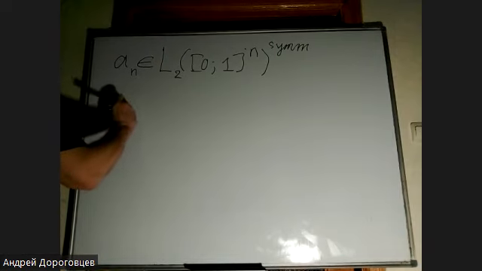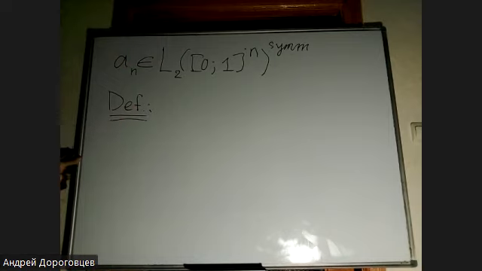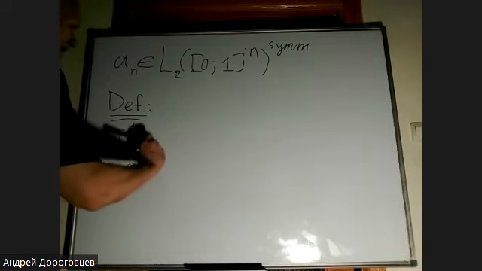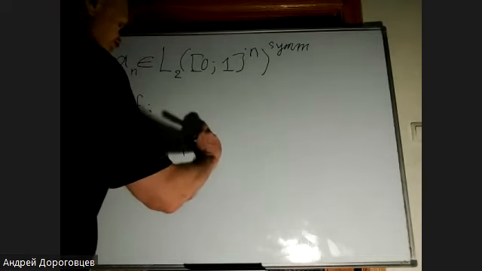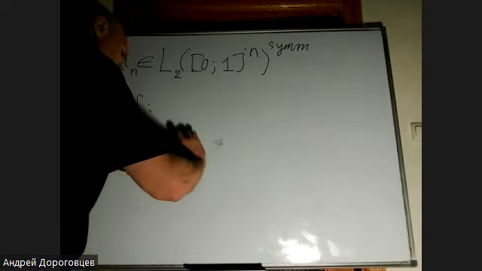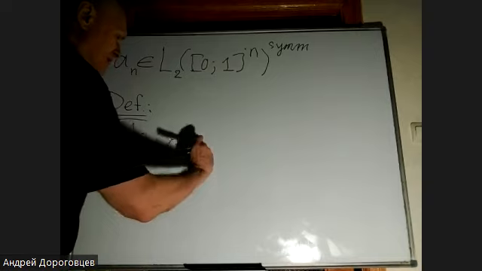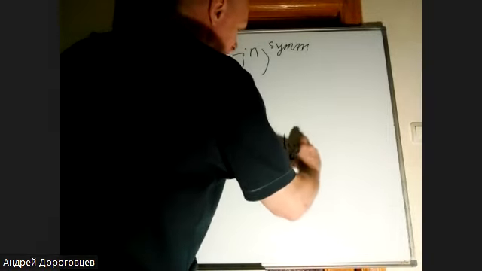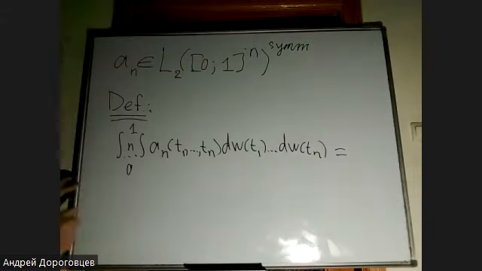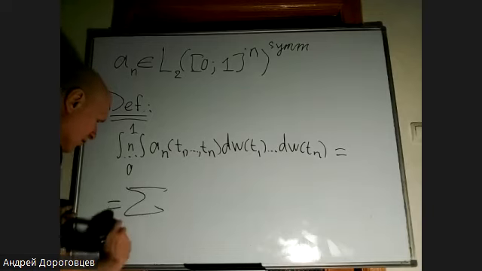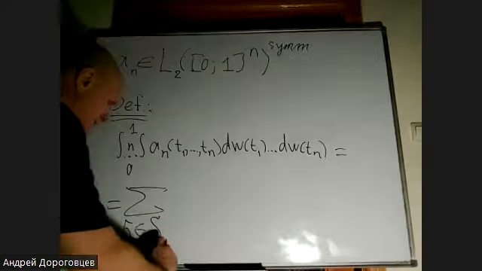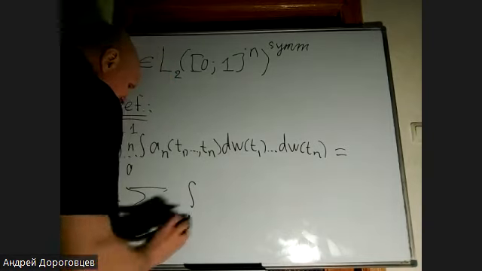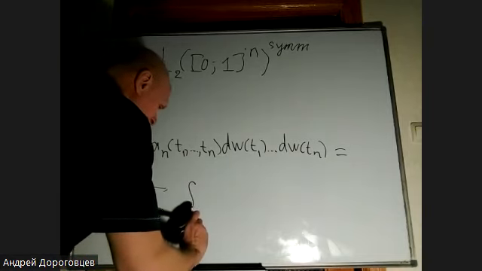Maybe one can consider the following definition: the integral from 0 to 1 of a_n(t1,...,tn) dW_t1 ... dW_tn is equal to the sum over all permutations sigma of our group of permutations S_n of the integral over the simplex Delta_n.